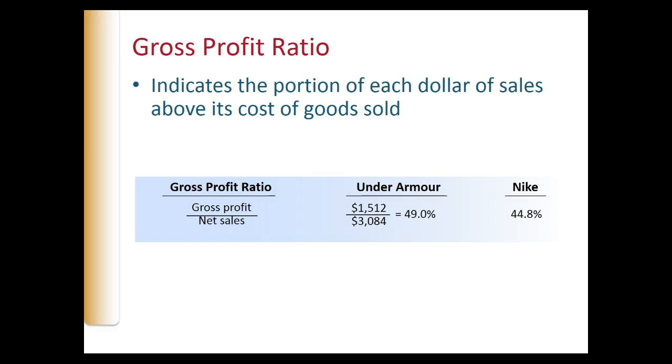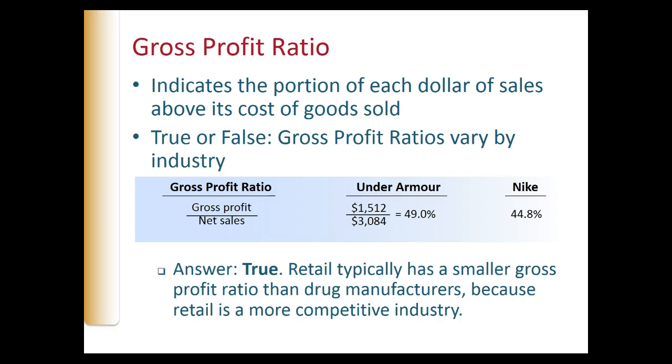With a gross profit ratio of 49%, Under Armour sells its merchandise for about twice what it costs to produce it. While Nike has a gross profit ratio of 44.8%, which means Nike's gross profit is still high, but it's not as high as Under Armour's ratio.